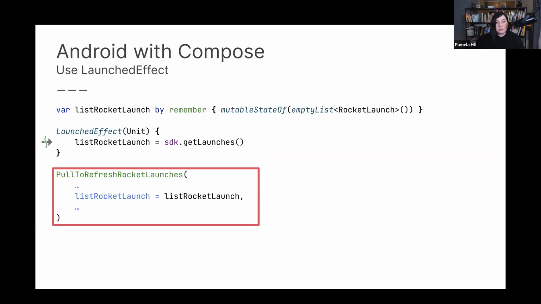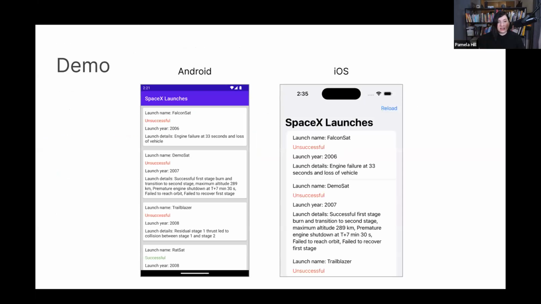That is basically a pull to refresh control and a lazy list of rocket launches. If you were to pull down the application, a pull to refresh control pops up, and the rest of the time there would be the list of rocket launches.